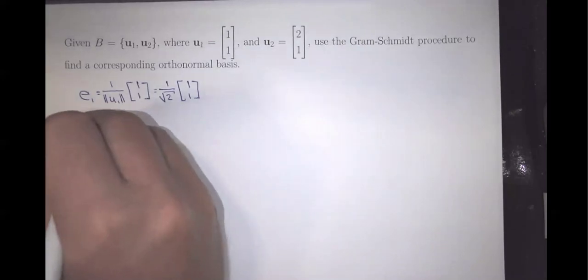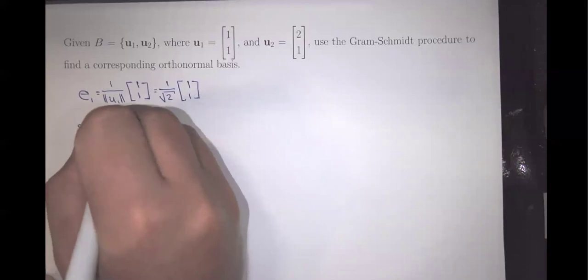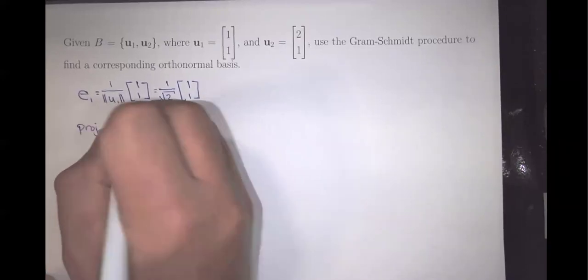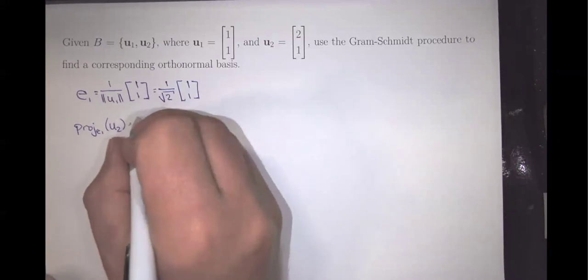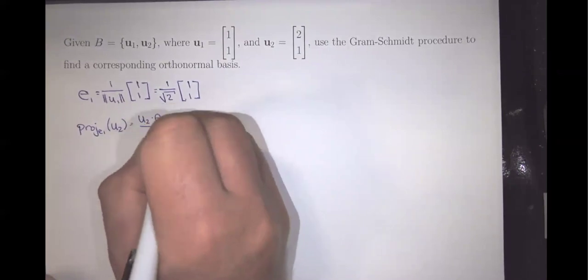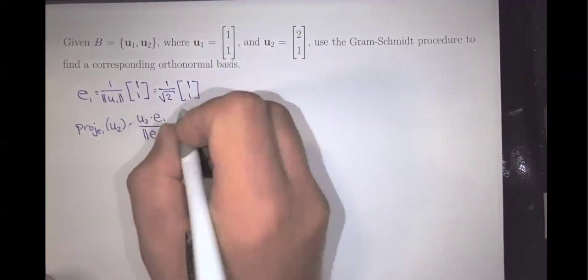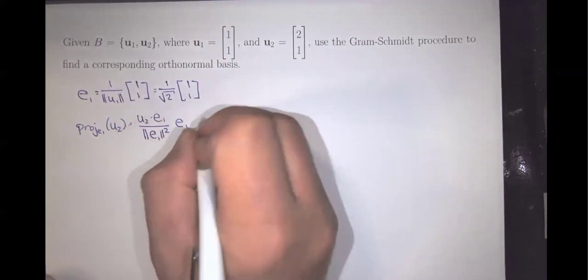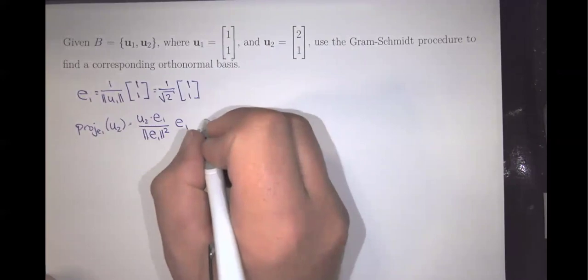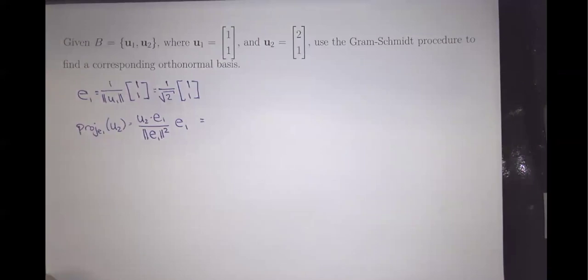So the projection onto e1 of u2 is equal to u2 dot e1 over the length of e1 squared, times e1.